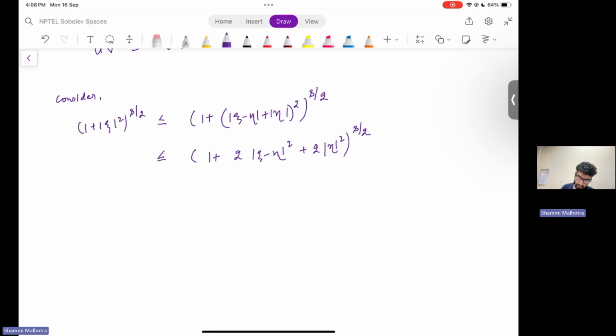So if we do some calculations, this will be less than 2 raised to the power s times ((1 plus mod xi minus eta square) raised to s by 2 plus (1 plus mod eta square) raised to s by 2).